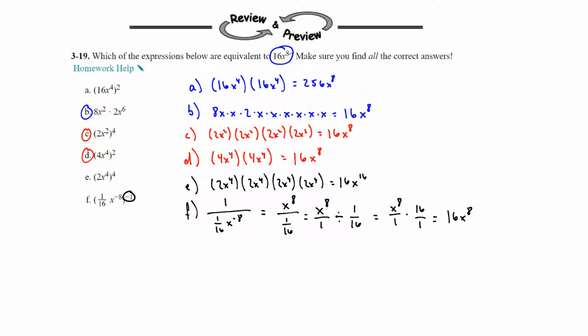So it is equivalent to what was given to us. And maybe you simplified that one a little differently, but in the end it should simplify to 16x to the 8th power. So to make sure we've answered that question, which of the expressions below are equivalent? B, C, D, and F are equal to or equivalent.